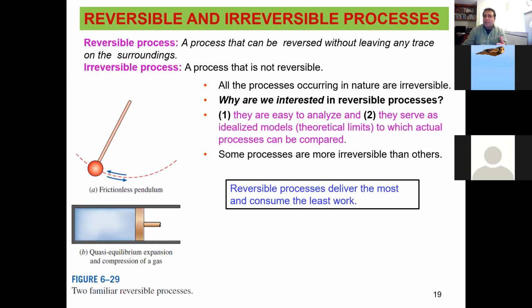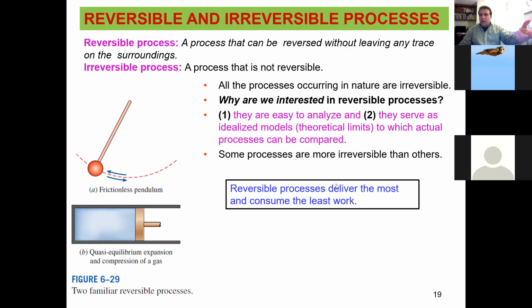All the processes occurring in nature are irreversible. So why are we interested in reversible processes? First, they are easy to analyze. They serve as an idealized model or theoretical limit to which actual processes can be compared.